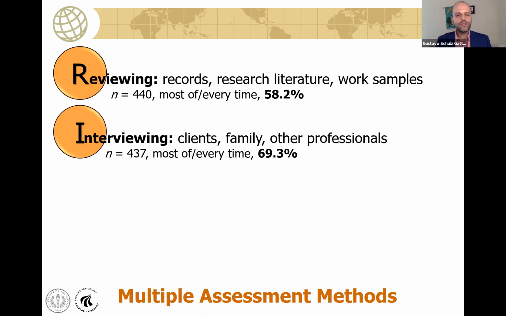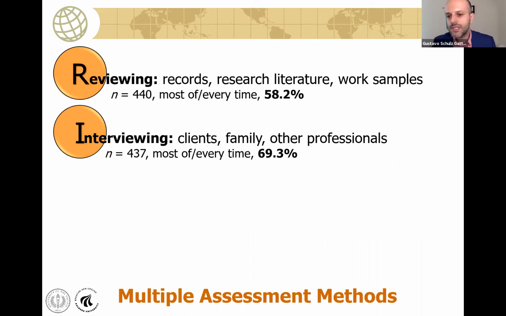Yes, sure. So when we consider interviewing, we are dealing with different kinds of interviews because we can have a non-structured interview, we can have a semi-structured interview, and we have a really structured interview when we have really specific questions for the client, family, or other professionals.